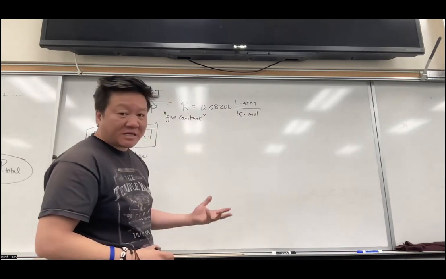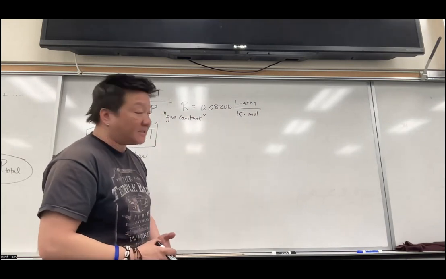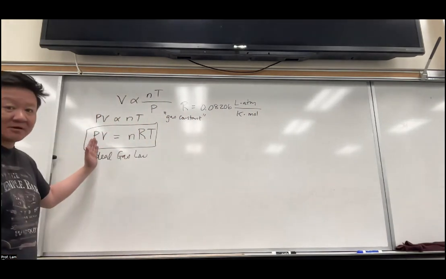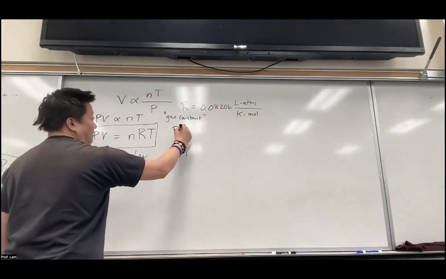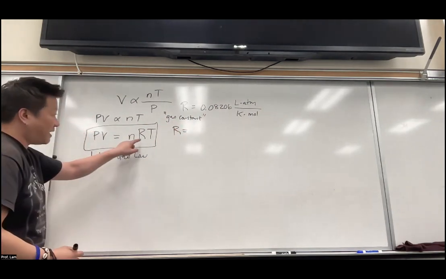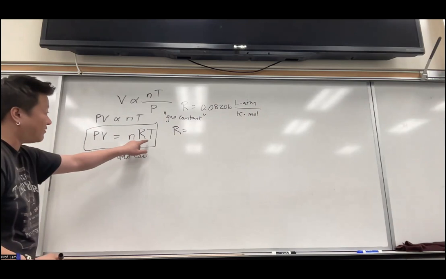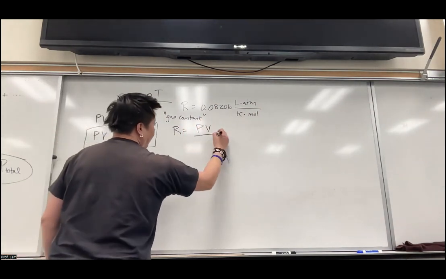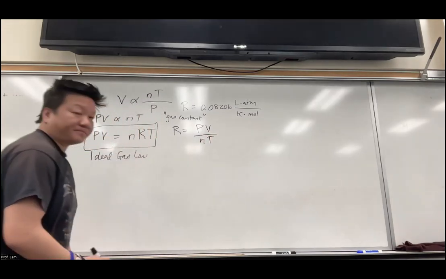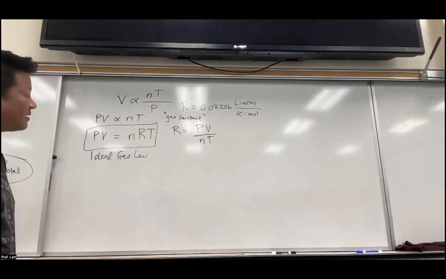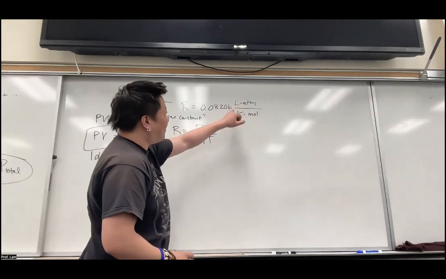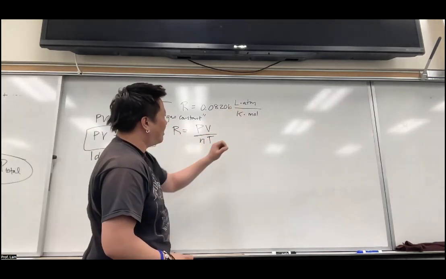The units seem hairy until you realize where R comes from. So let's go back to the ideal gas law. R is equal to, let's isolate R. That means we divide by n and T. So R is equal to PV over nT. That's why you get this unit of liter atmosphere per K mole.